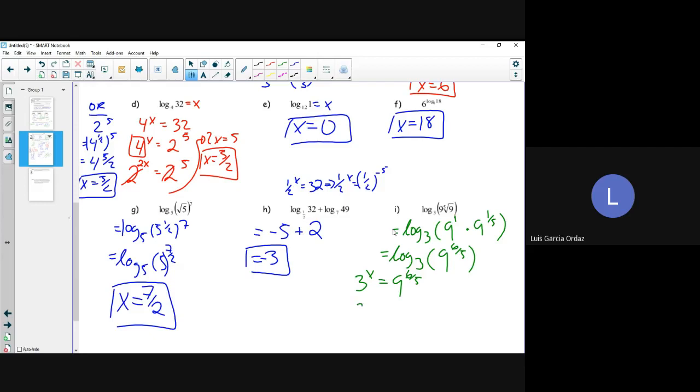So you have 3 to the x is equal to 3 to the 2 times 6 over 5. And all we have to do is multiply the exponents with each other, because of power to a power, we multiply the exponents. So we get 3 to the x is equal to 3 to the 12 over 5, which means x is equal to 12 over 5.